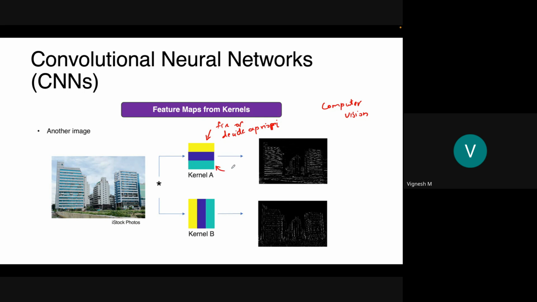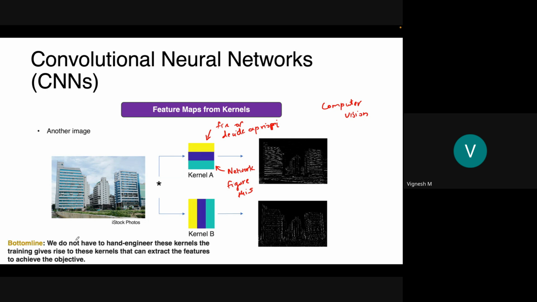I let the network figure it out, or I let the algorithm take over. So the bottom line is, we do not have to hand engineer this kernel. The training gives rise to kernels that can extract specific features that serve a specific objective, right? And what is the objective?